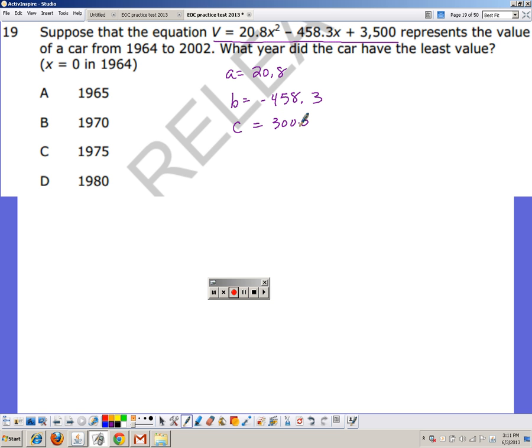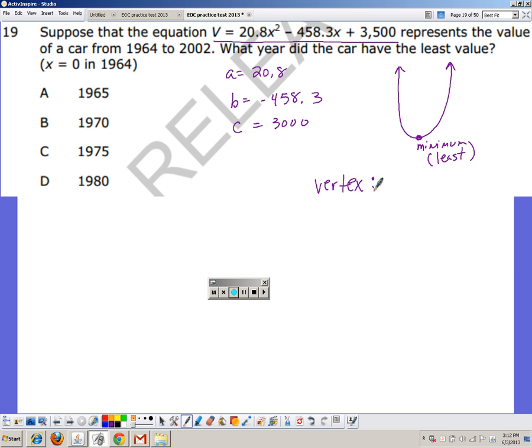Now, they want us to find the least value. When you look at it, A is positive, so we know it's a U. So we know we have a minimum, which is the least value. Okay? To find our vertex, because that point is called our vertex.